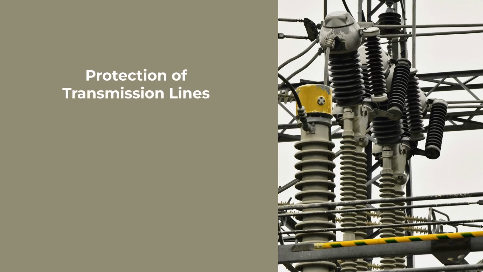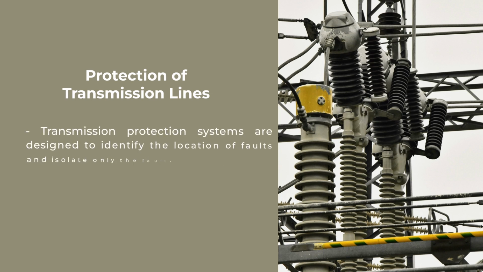So, the protection of a line presents a problem quite different from the protection of substation apparatus such as generator, transformer and busbar. Transmission line protection systems are designed to identify the location of the fault and isolate only the faulty section.